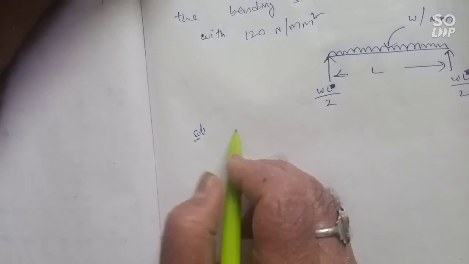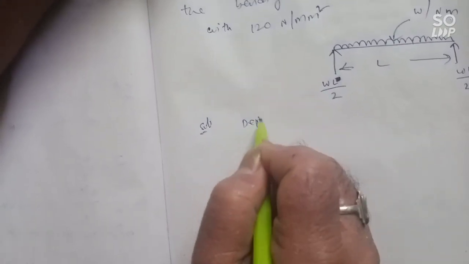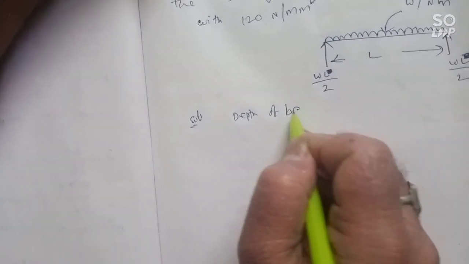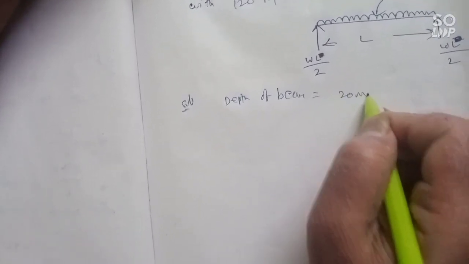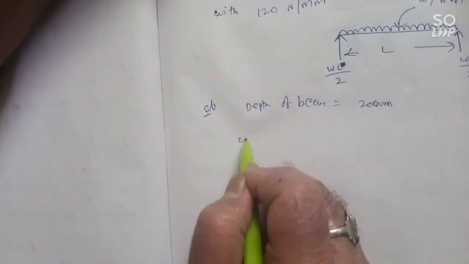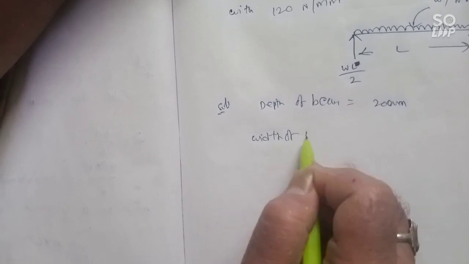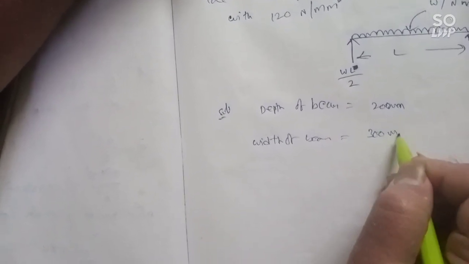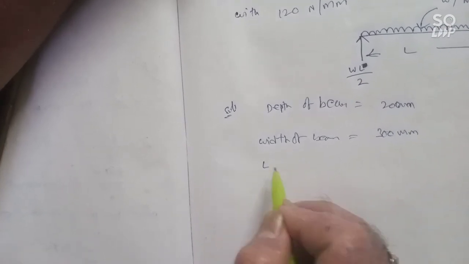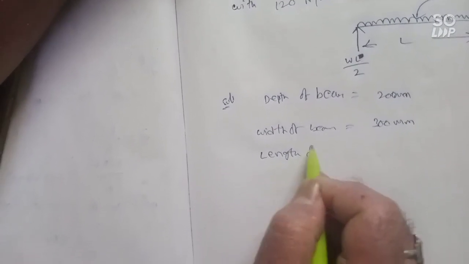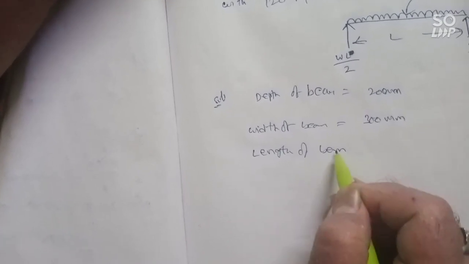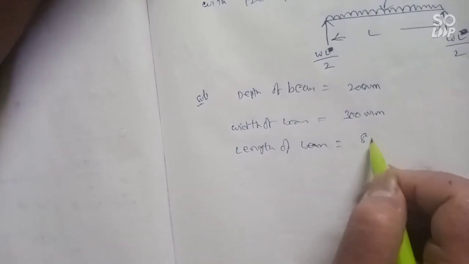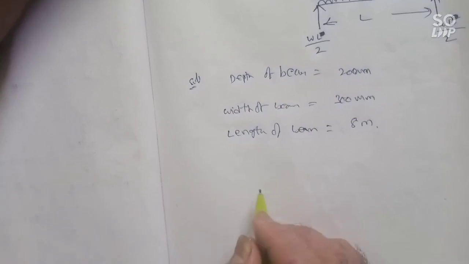Okay, now the solution. The depth of the beam is equal to 200 mm, the width of the beam is equal to 300 mm, and the length of the beam given is 8 meters.